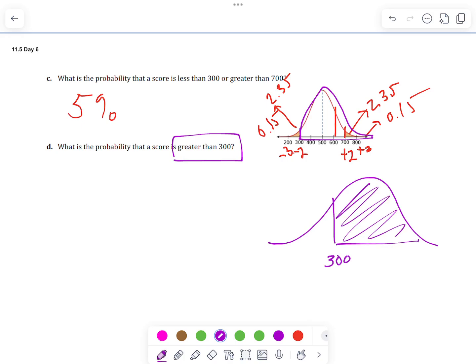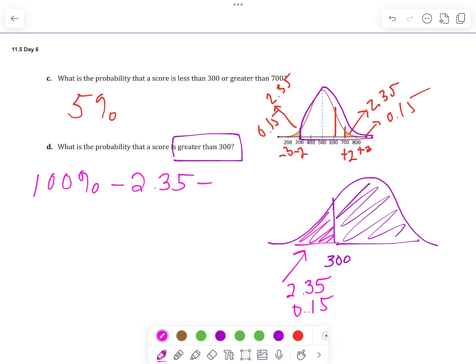So you can take the complement, that smaller area, and that smaller area is 2.35 and 0.15, and you just subtract those out from 100. So you can take 100% and then just subtract the two pink numbers. And you'll get 97.5%.